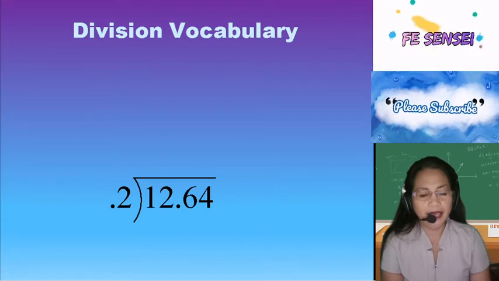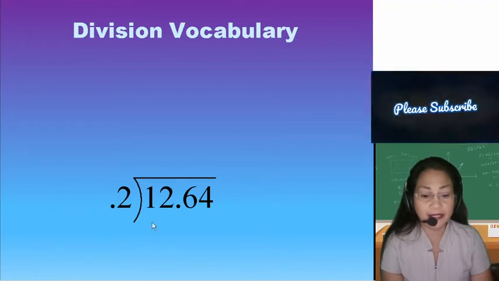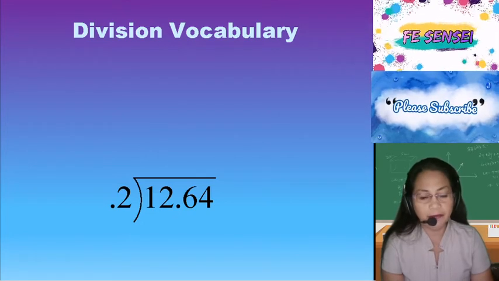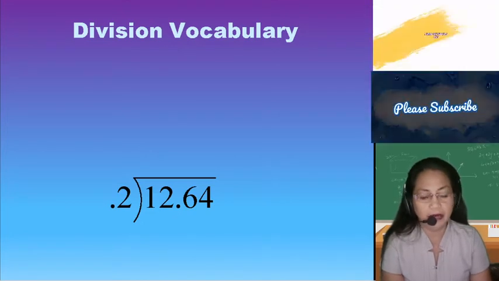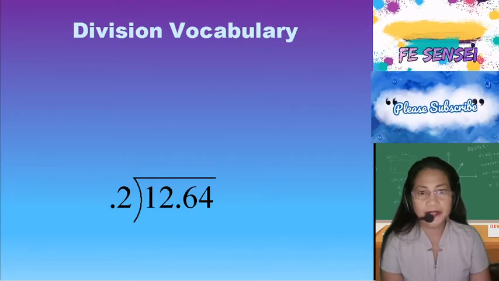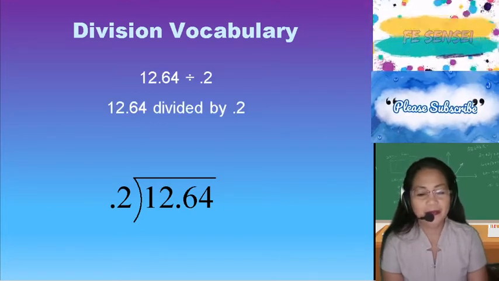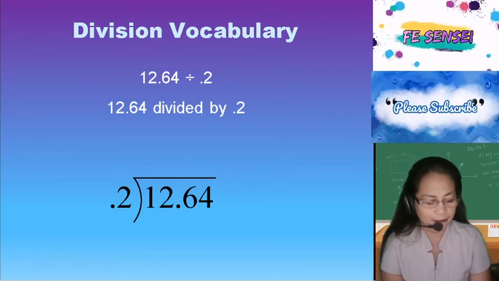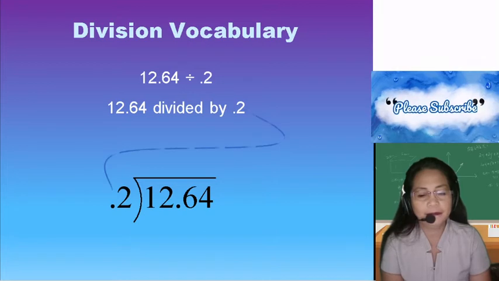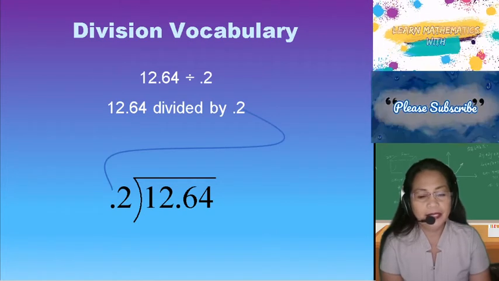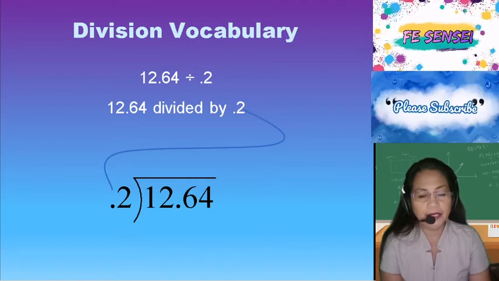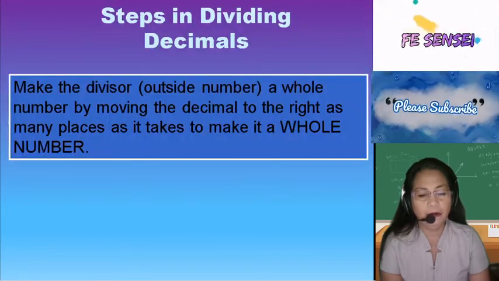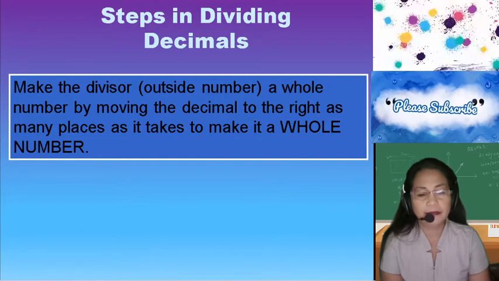So read first the number inside, or the dividend. So 12 and 64 hundredths divided by 2 tenths. How to do it? The divisor is 2 and the dividend is 12 and 64 hundredths.